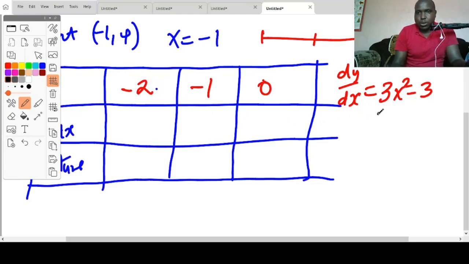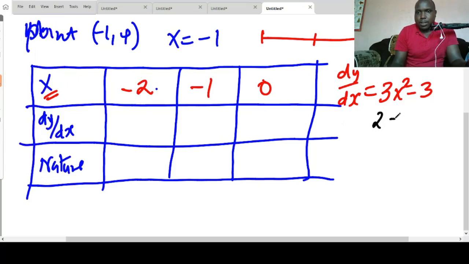So we say 3 times (-2) squared minus 3. This is 4, times 3 is 12, 12 minus 3, that's 9. So here it is 9.